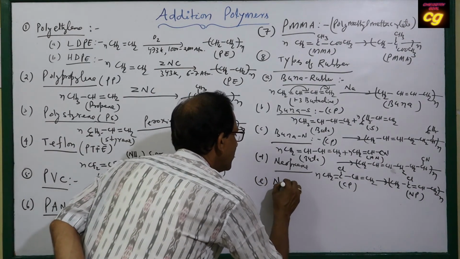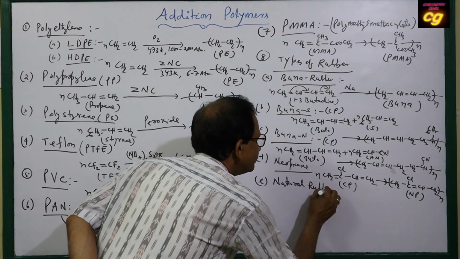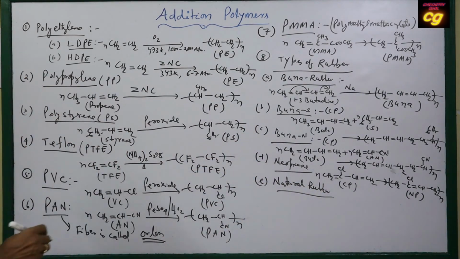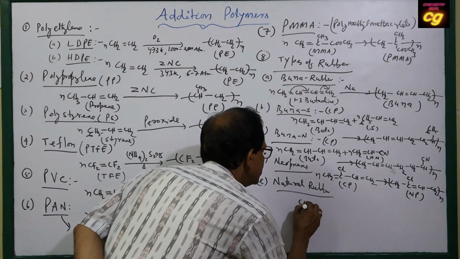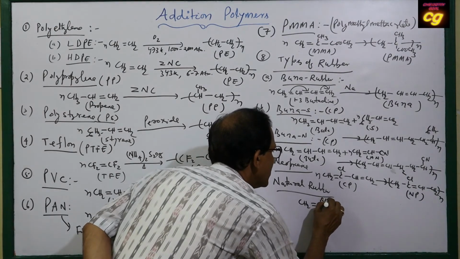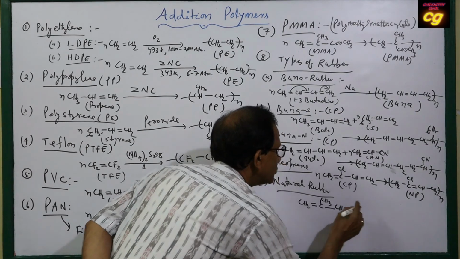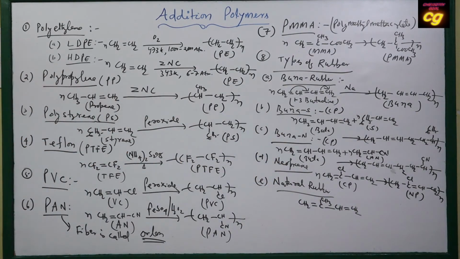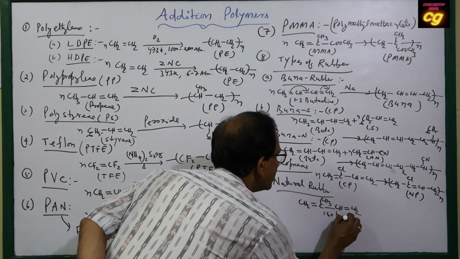Natural rubber is from isoprene, that is CH2 double bond C, then CH3, then CH double bond CH2. This is called isoprene. Common name is isoprene.